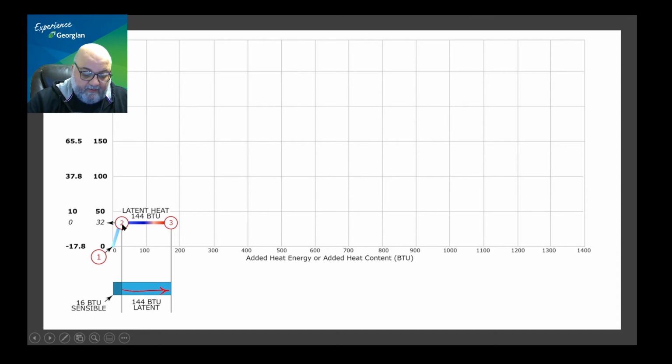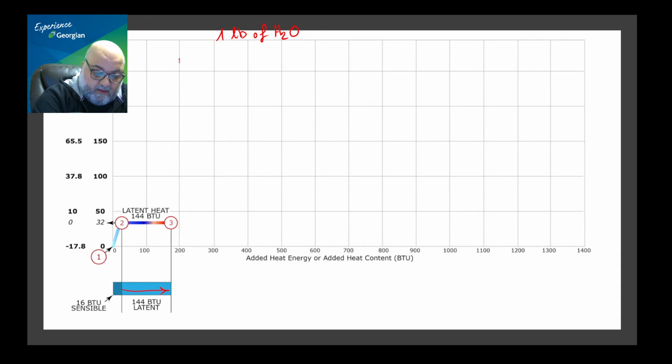Water, or H2O, in its solid state at point 2 turned into H2O in its liquid state at point 3. Meanwhile, we were adding heat, but there was no temperature change. And that's what we call latent heat. So again, this is all about 1 pound of water.